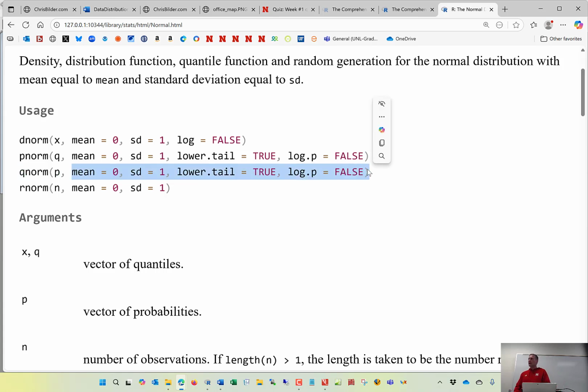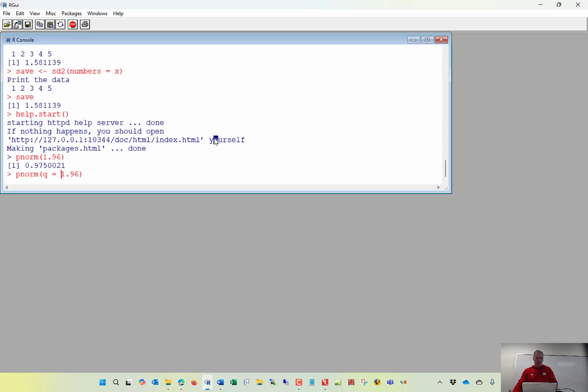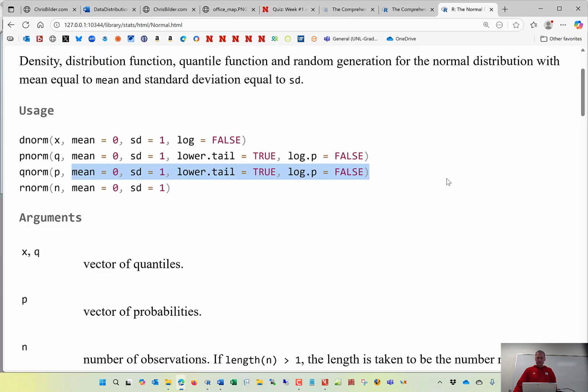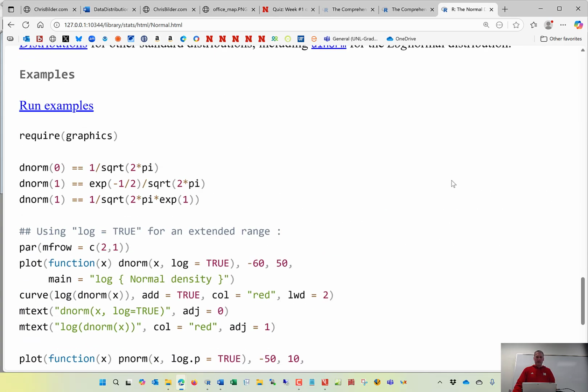The reason why I didn't include them is because they have default values associated with them. So for example, the mean is 0, the standard deviation is 1. If I wanted to, I could have included those and got exactly the same thing. Typically with the help, at the very bottom, you're going to see some examples that you can copy and paste into the R console and run them.